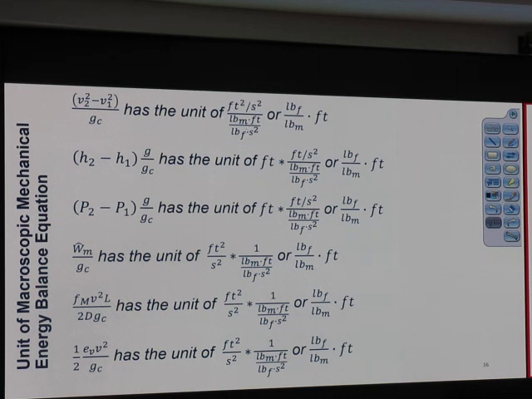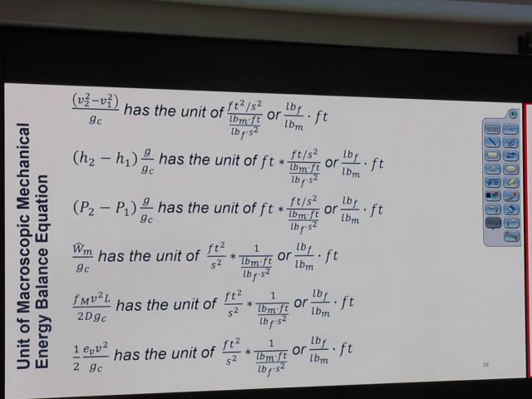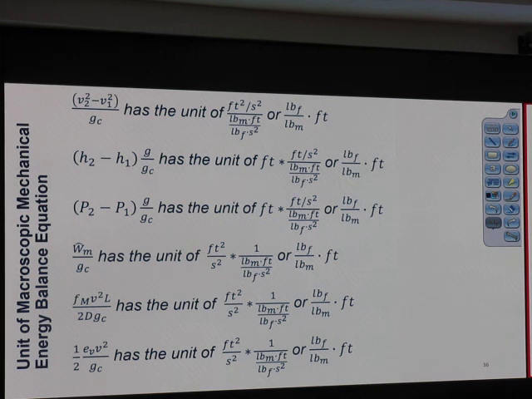At the end I have pound force per pound mass multiplied by foot. That is the unit of that term: pound force foot per pound mass. Every other term I get the same thing. They are the same for every other term. So this is where we have the same unit.